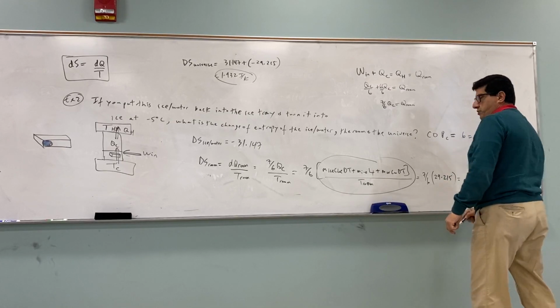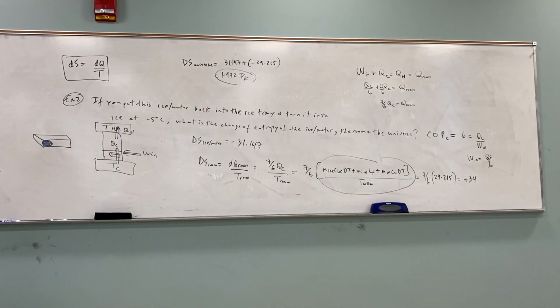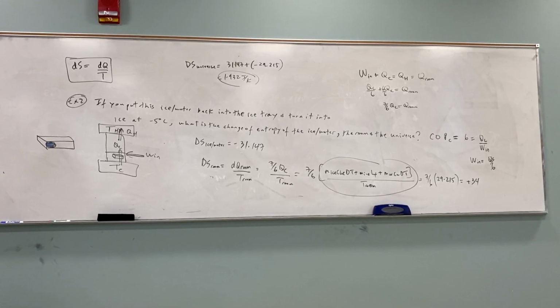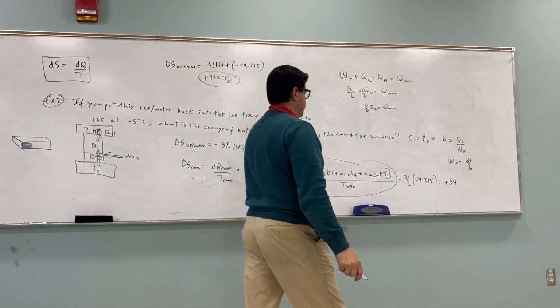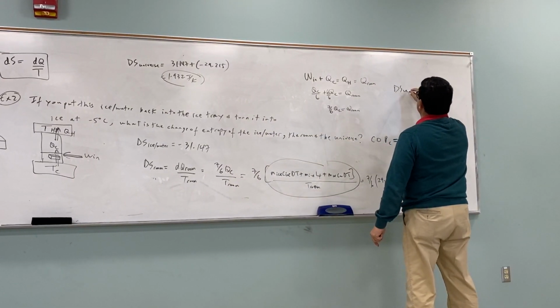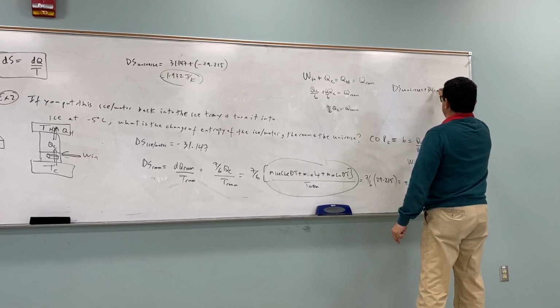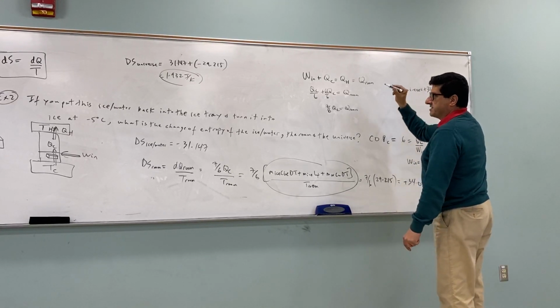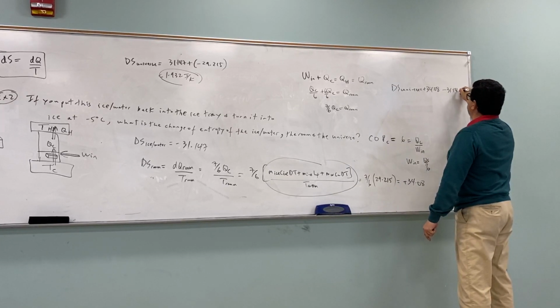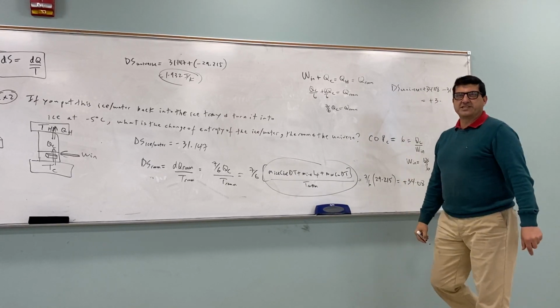Positive 34.08. That means the change in entropy of the universe is positive 34.08 minus 31.147. Positive 3 something.